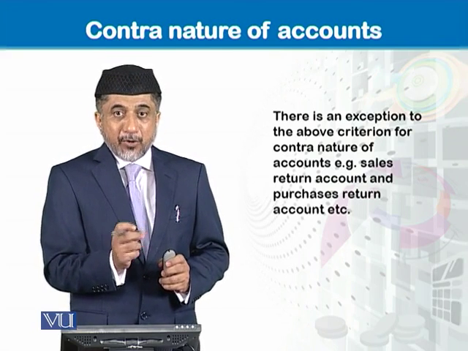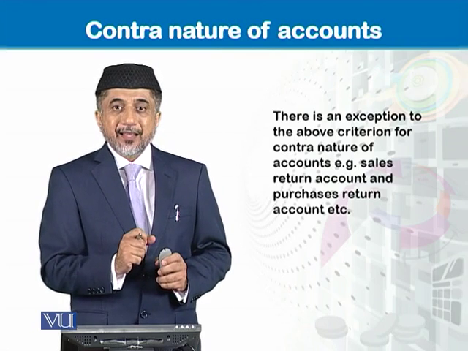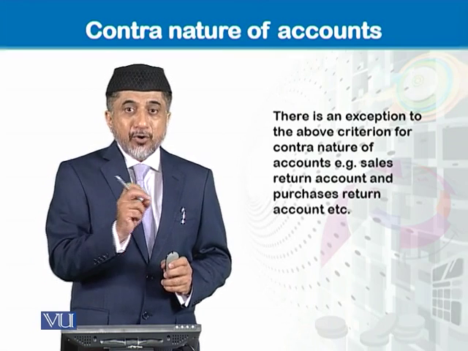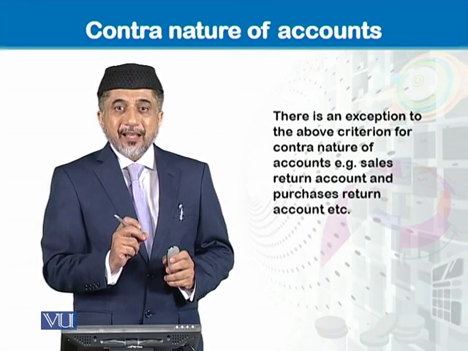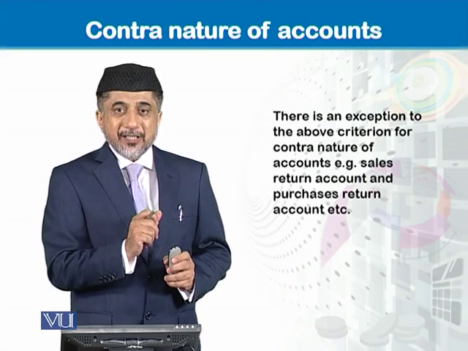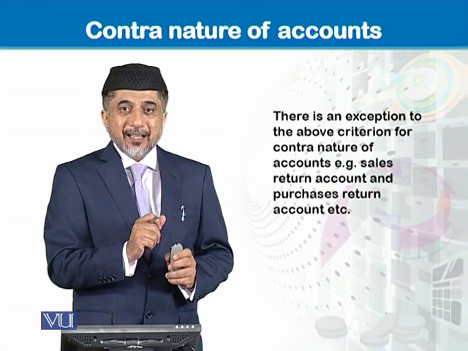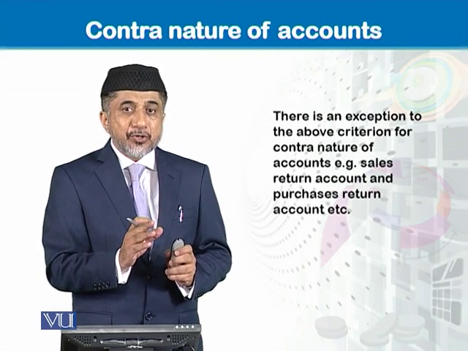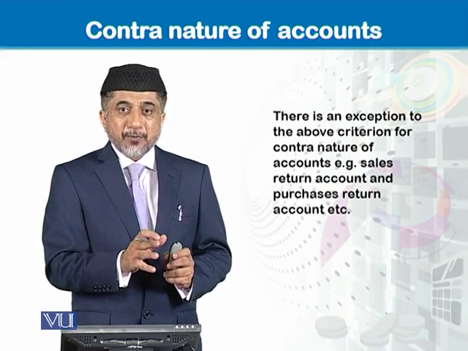and member of owner's equity. If we are saying that drawing is a member of owner's equity and the nature of owner's equity is credit, therefore the credit side of drawing account should be totaled at priority.